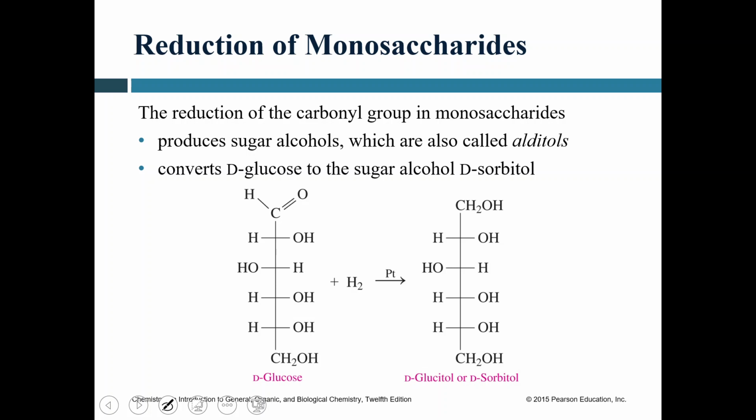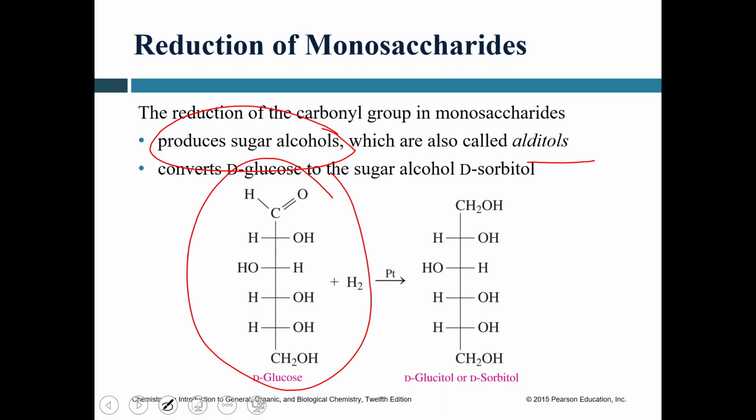Now what about reduction of monosaccharides? Turns out you can reduce carbonyl groups in monosaccharides, and that will lead to the production of sugar alcohols, also known as alditols. For instance, here D-glucose is reduced by hydrogen in the presence of a platinum catalyst to D-glucitol or D-sorbitol.